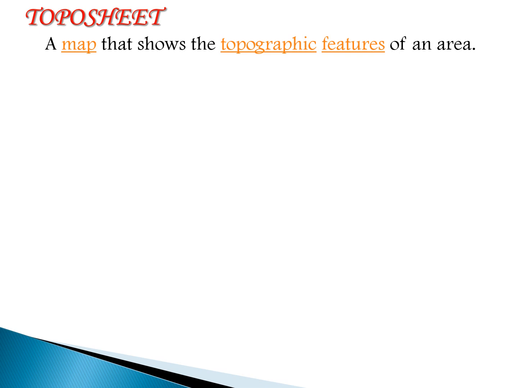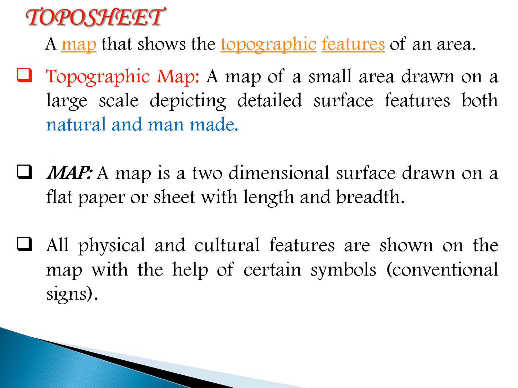So basically, a map that shows the topographic features of an area is called a topographic map or a topo sheet. A topographic map is a map of a small area drawn on a large scale, depicting detailed surface features, both natural and man-made. On a topo sheet, you can observe both.